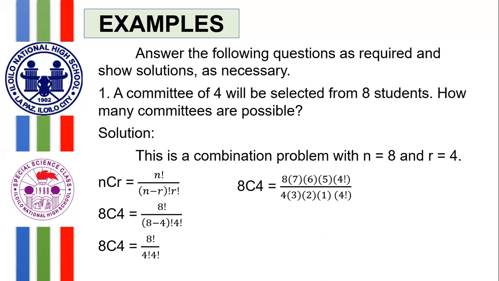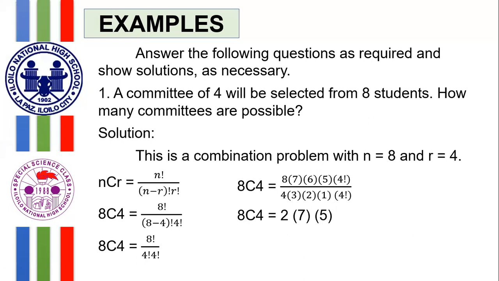And the 8 factorial could be expressed as 8 times 7 times 6 times 5 times 4 factorial. The first 4 factorial became 4 times 3 times 2 times 1. And I simply copied the second 4 factorial because my intention is to divide these two and become 1. And if you could see, it becomes 2 times 7 times 5.